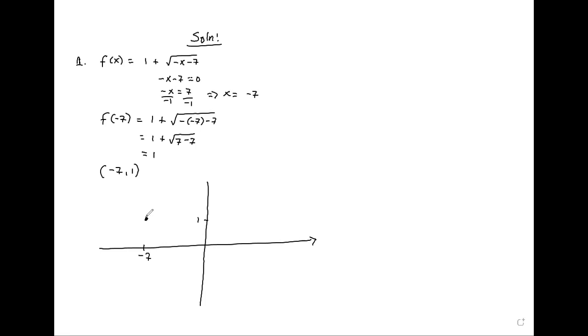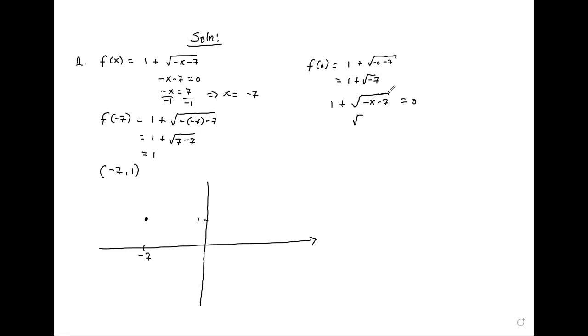If you're not so sure, let's try to get the y-intercept. That will be y equals 1 plus the root of -0 minus 7, which is 1 plus the root of -7. So no y-intercept, which means it's going to the left. So it's going either up or down. Let's equate everything to 0: 1 plus the root is equal to 0.